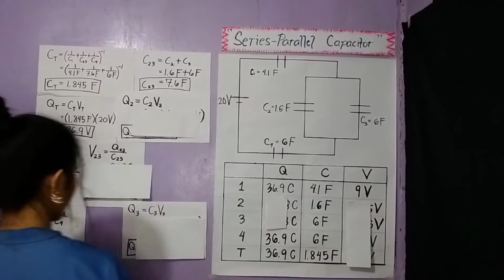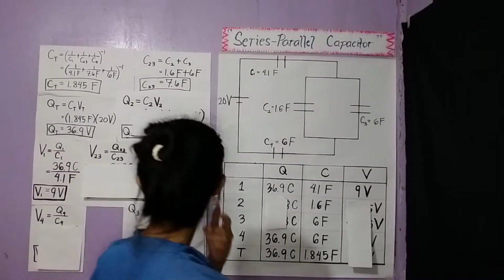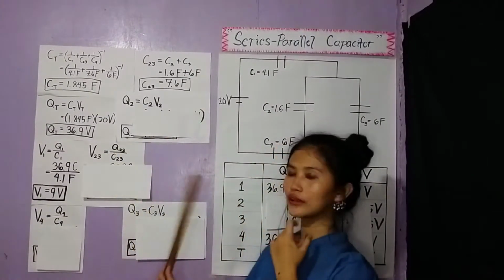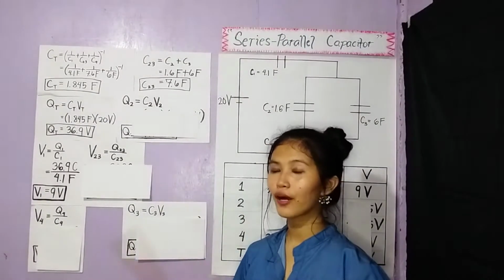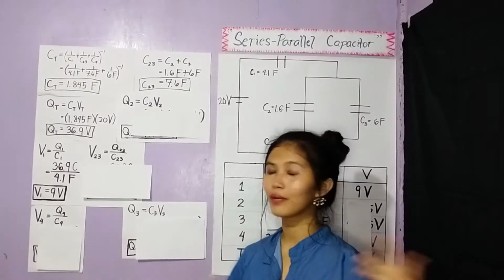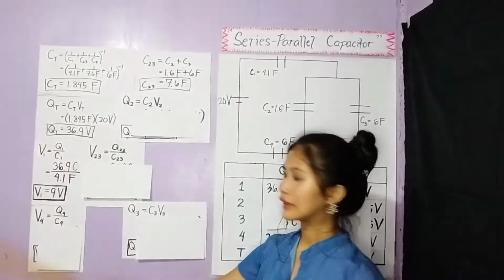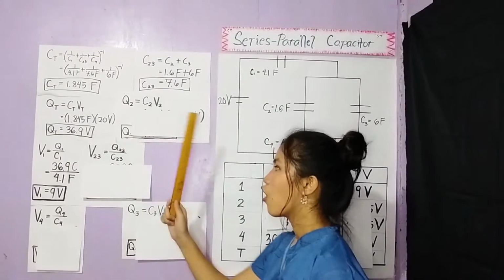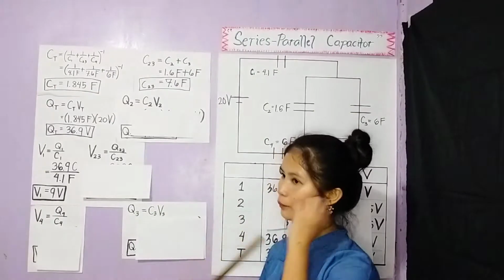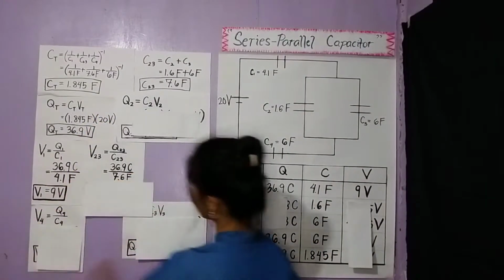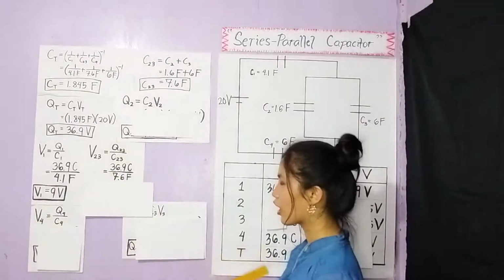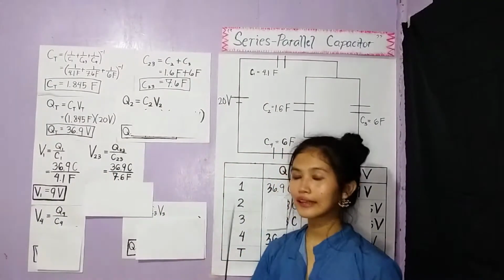Next, we're going to find V23. Since V2 and V3 are parallel to each other, we're going to combine them. So we have V23 equals Q23 over C23, and putting their values, we have 36.9 coulomb over 7.6 farad.